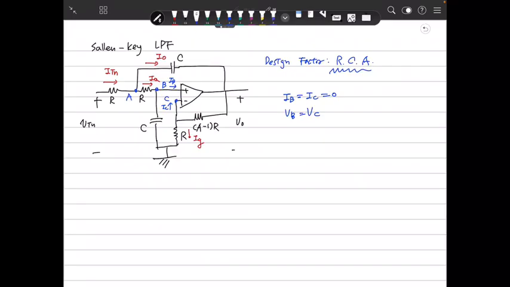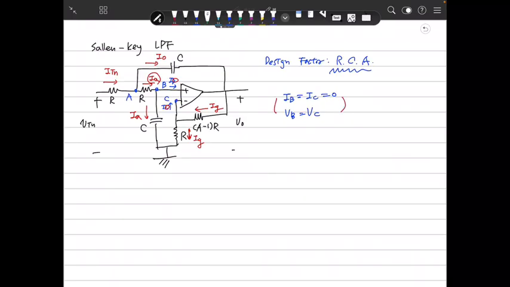So because of that, this current is IG, therefore this current is also IG, and this IA flows through this capacitor. Why? This current is 0. This current is 0. So we will use this property of the op amp.